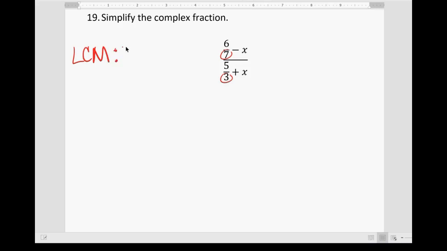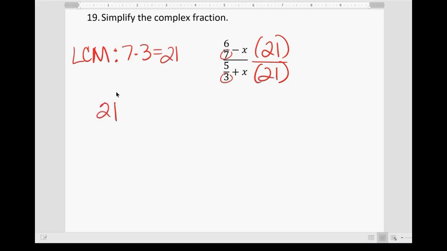So if we have 7 and then we have 3, the least common multiple would be 21. So let's multiply the top and the bottom by 21. And 21 over 21 is just 1, so we're not even changing the value of this. We're just multiplying it by an equivalent fraction to 1 to help us manipulate it.